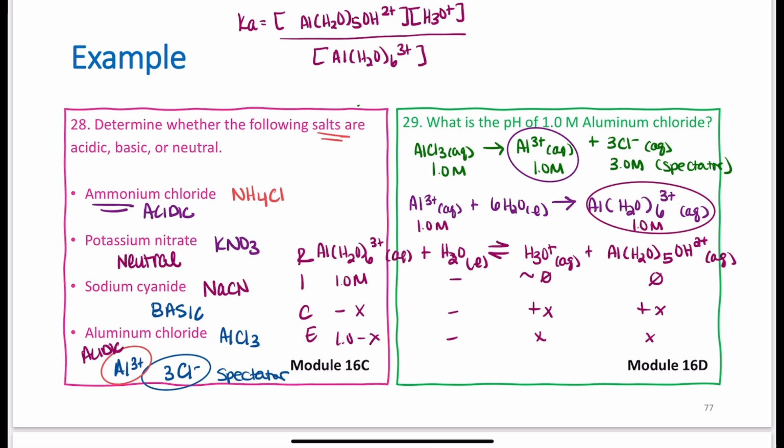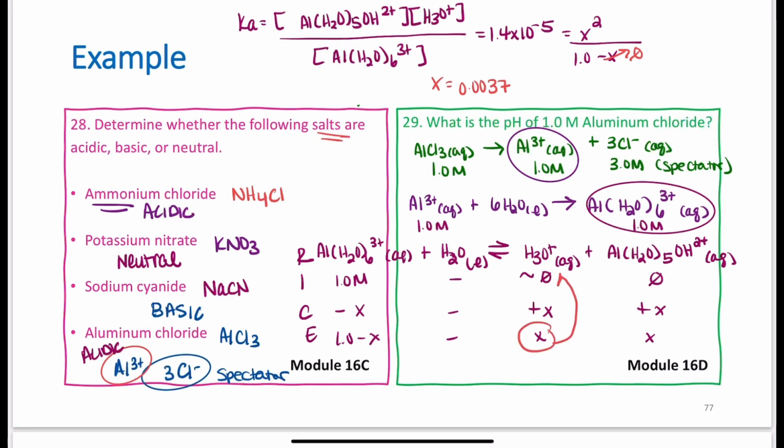The Ka for this compound is 1.4 times 10 to the negative 5. Plug in our values from the table, x squared over 1.0 minus x. I am going to assume that x goes to 0, solve for x, and I get 0.0037.